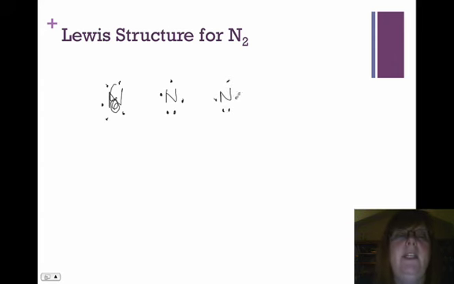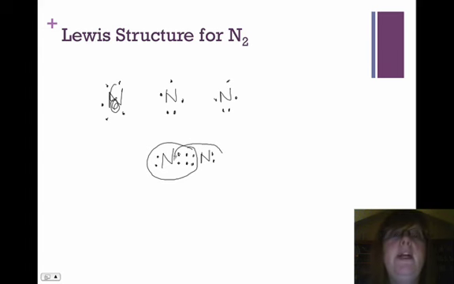What nitrogen is going to do is share 3 of its valence electrons to give us a triple bond. So now, see, this nitrogen is like, hey, I have 8 electrons, and this nitrogen is like, and so do I. But they're sharing 3 pairs of electrons.